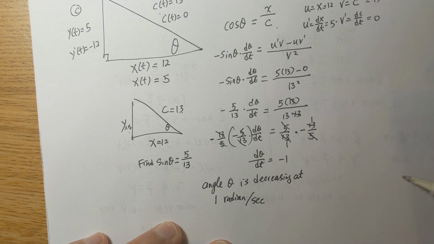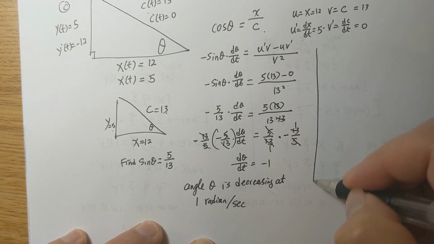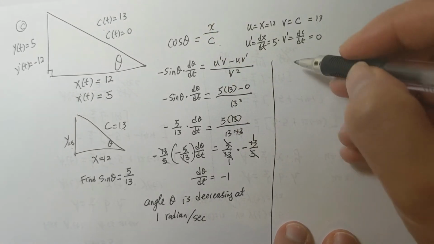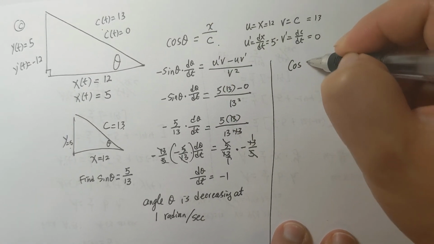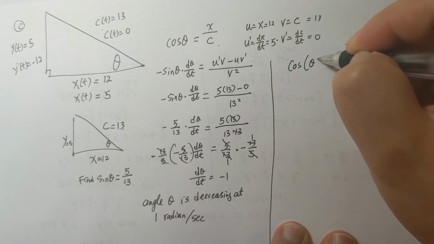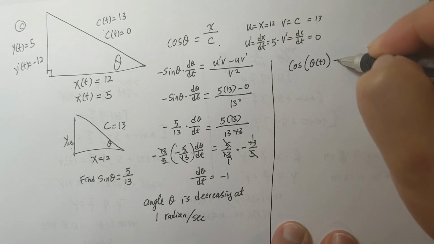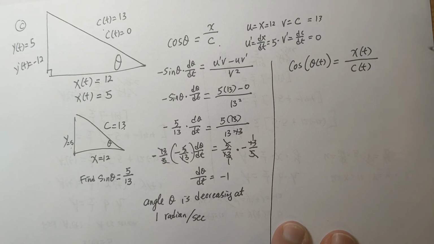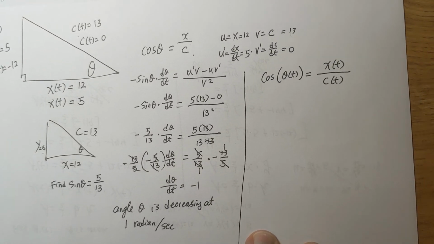Now we're going to use another set of symbols. So we're going to use cosine theta, so it would be cosine theta of t.